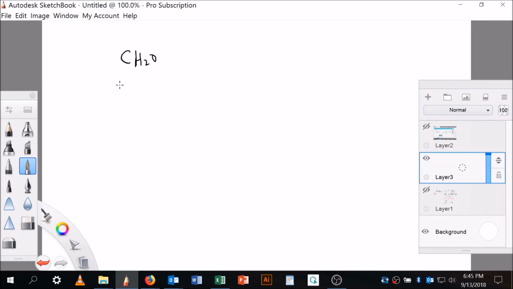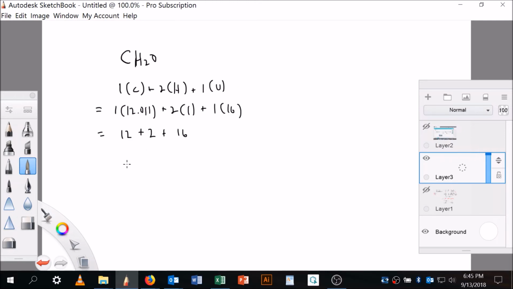CH2O is going to be 1 times carbon plus 2 times hydrogen plus 1 times oxygen, which is equal to 1 times 12.011 plus 2 times 1 plus 1 times 16, which is equal to 12 plus 2 plus 16, which is equal to 14 plus 16, which is equal to 30.